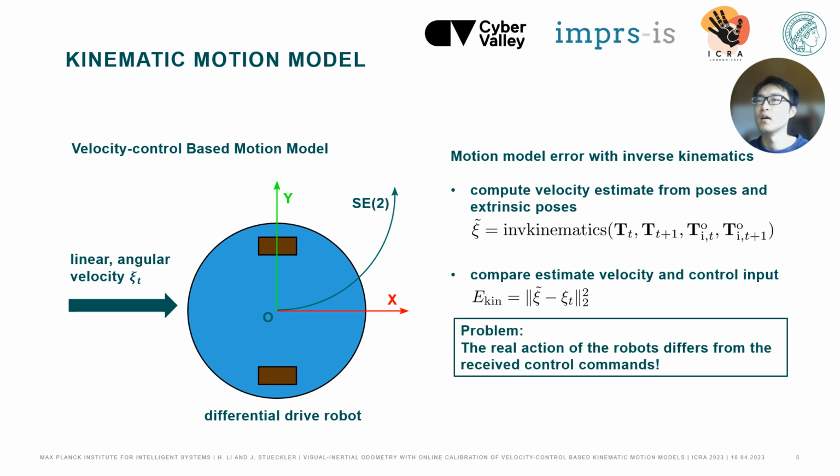But a problem that arises here is that the real action of the robot differs from the received control commands due to delay and the properties of the underlying low-level controller, which translates velocity inputs into wheel speed. Thus, we first compute an effective control and compare with it.